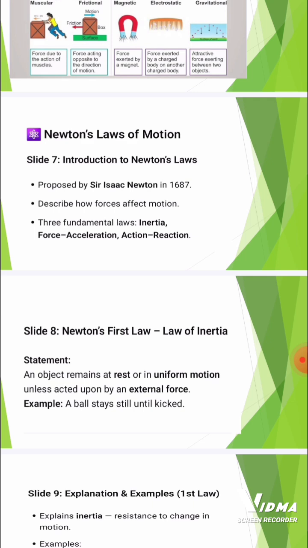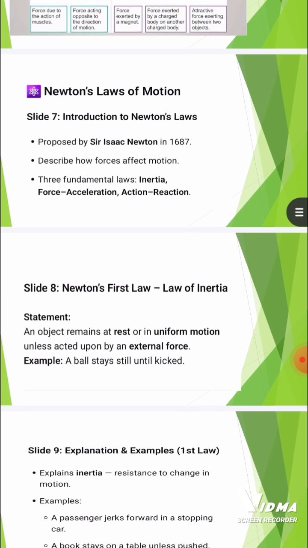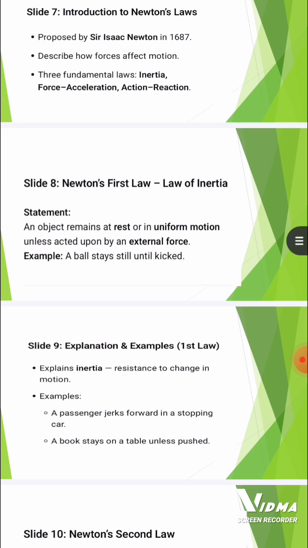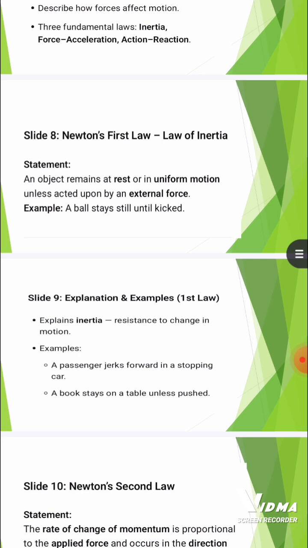An object at rest will stay at rest; a football on grass will not move until someone kicks it. Explanation: inertia is resistance to change in motion. Example: a passenger is jerked forward when a car stops.